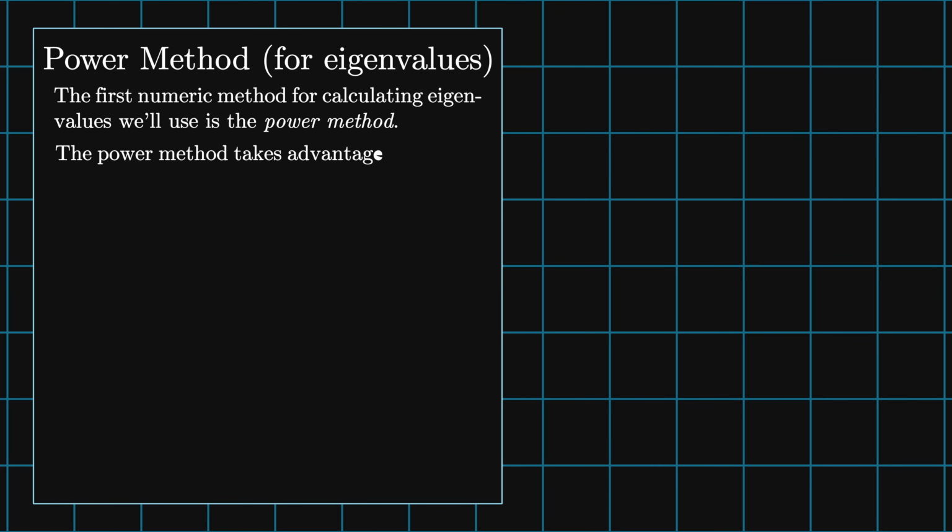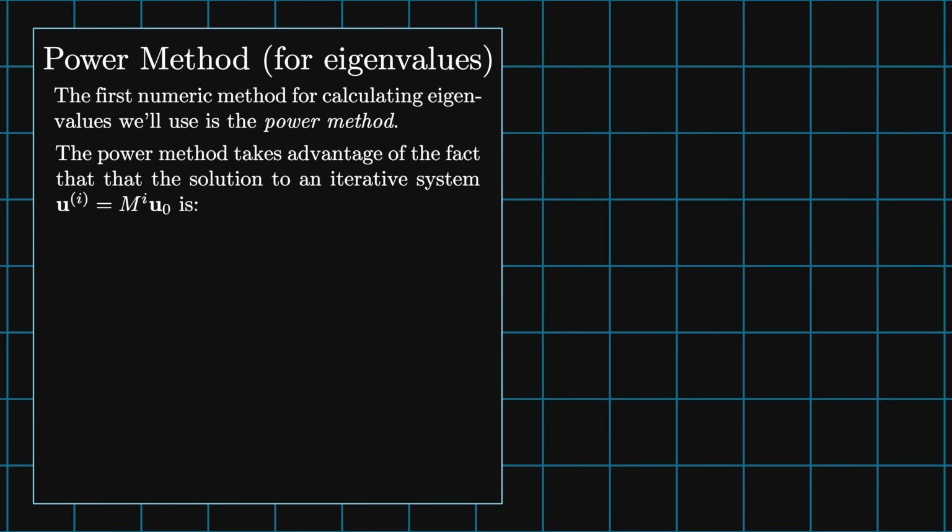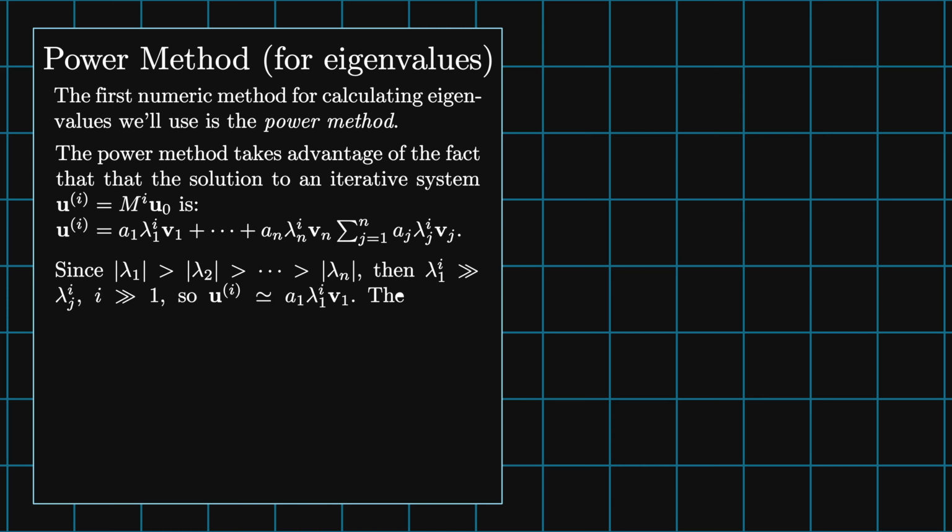This method takes advantage of the fact that we can write the ith iteration of a system u_i equals m to the i u0 as a sum of terms a_j lambda j to the i v_j. We can always order the eigenvalues according to their absolute value, which tells us that lambda 1 to the i is much greater than lambda j to the i for large i.